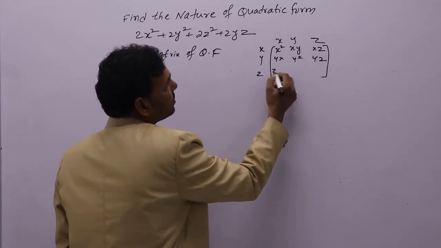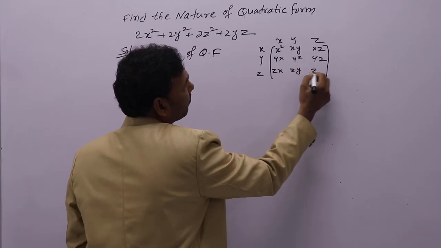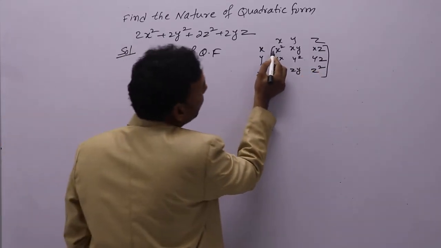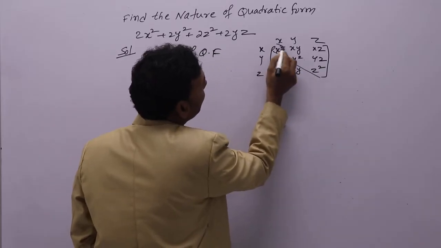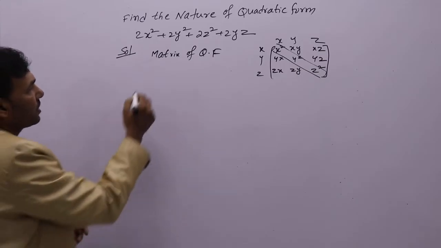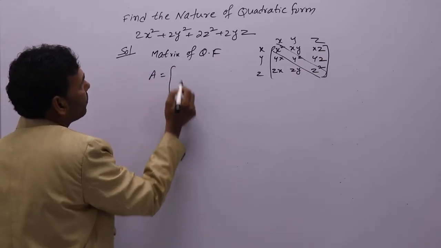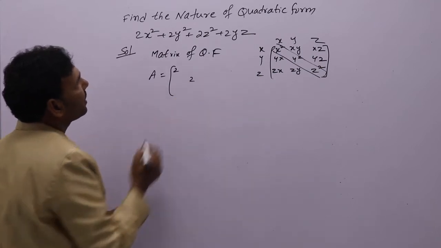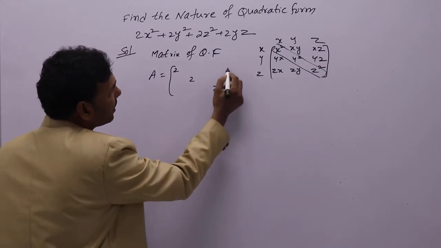Next, zx, zy, z square. Now in those positions, you need to keep the elements. As I said, in the principal diagonal, keep the square element coefficients: the x square coefficient here, y square coefficient here, z square coefficient here.